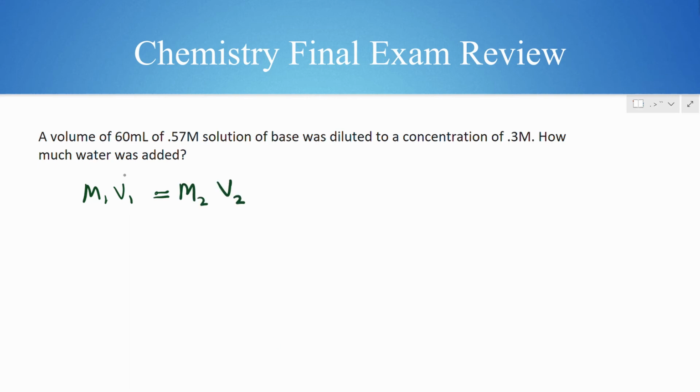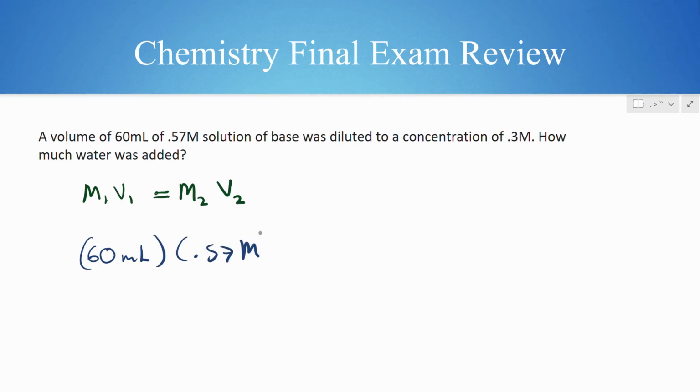Initial concentration times initial volume should equal final concentration times final volume. 1 and 2 for initial and final, respectively. So first we had a volume of 60 mL and a concentration of 0.57 M.